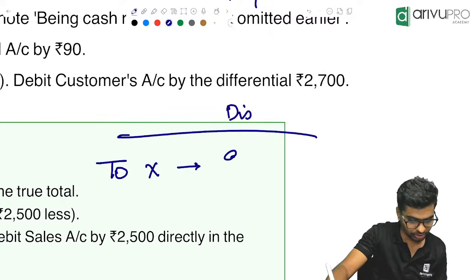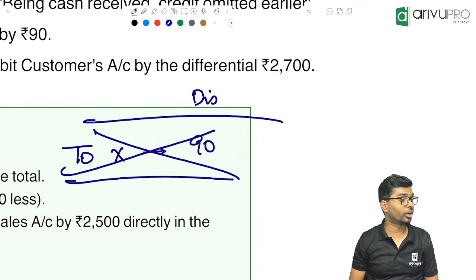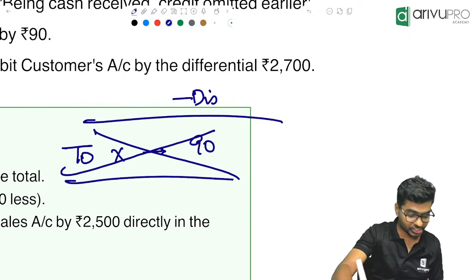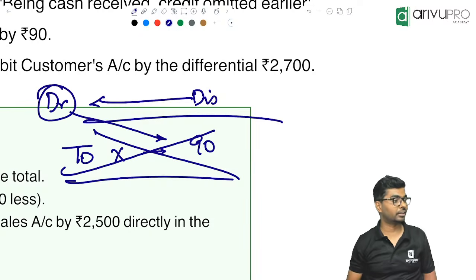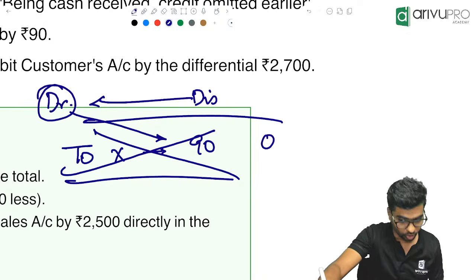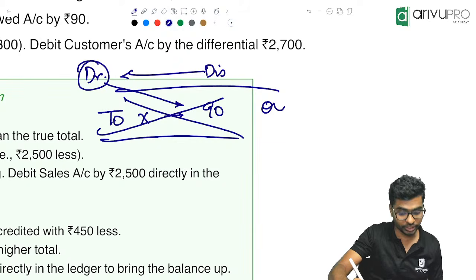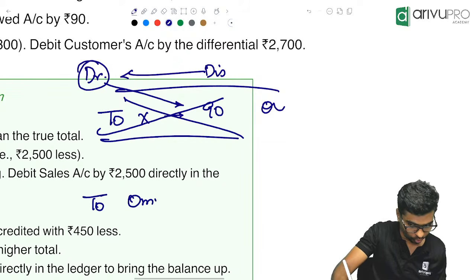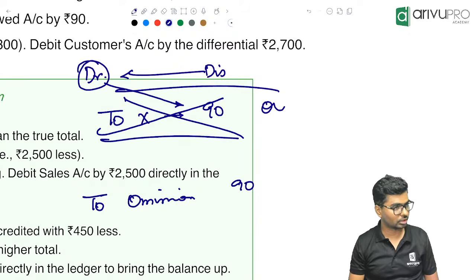How much is the amount? 90. You have not recorded it. So what will be the rectifying entry? Discount account will be debited by 90, or if you have to record it, to omission. Understood?